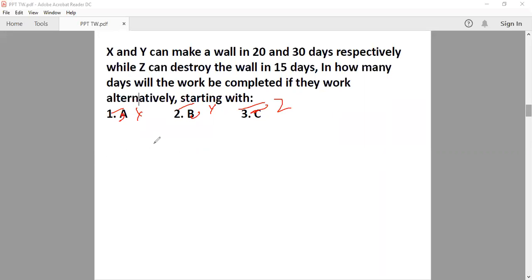Alternatively here means first day X worked, then Y worked, then Z worked.